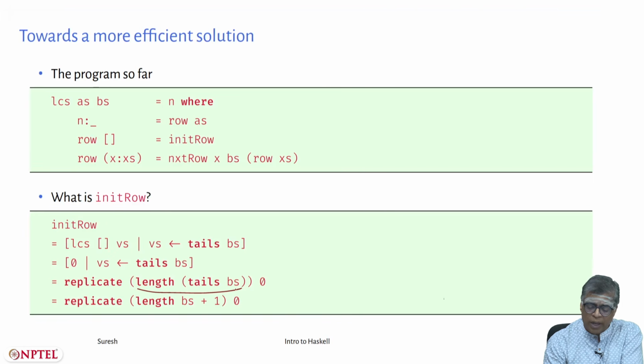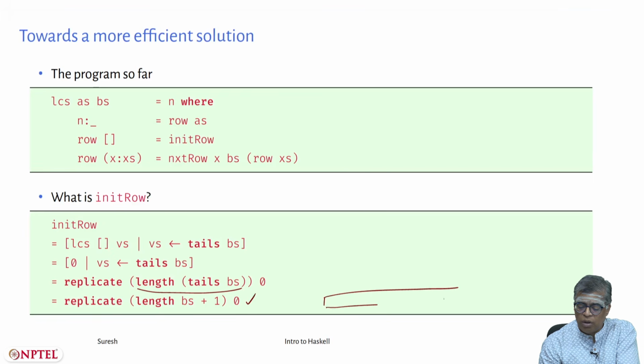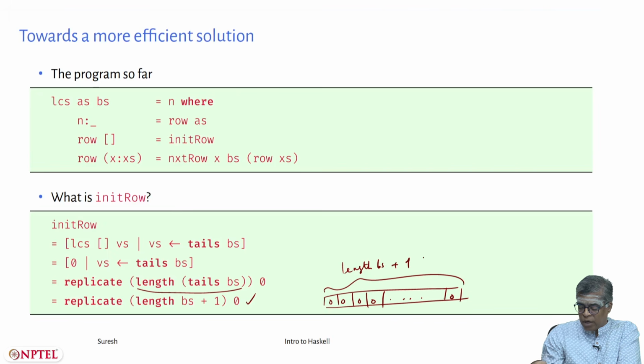So replicate (length Bs + 1) 0. So it is the row 0, 0, 0, 0 and so many elements. That is my bottommost row.